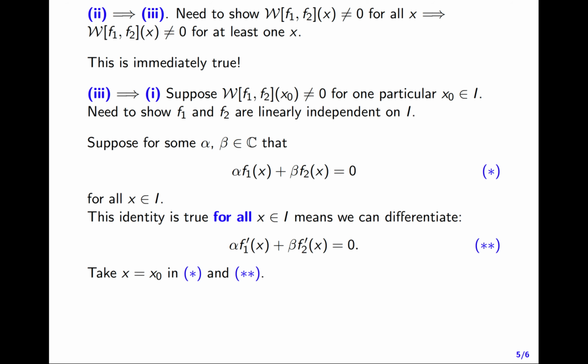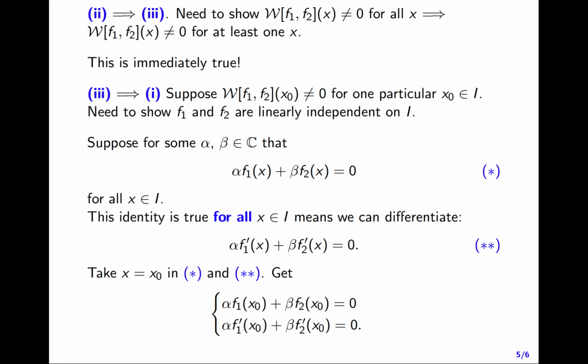And now I'm going to plug in x equals x0 in both star and double star. And here's what I find. I find that alpha times f1 of x0 plus beta times f2 of x0 equals 0, and alpha times f1 prime of x0 plus beta times f2 prime of x0 equals 0. Remember, f1, f2, and x0 are given to me.